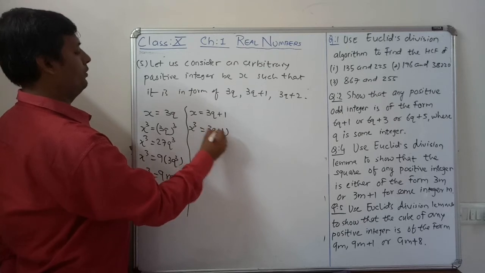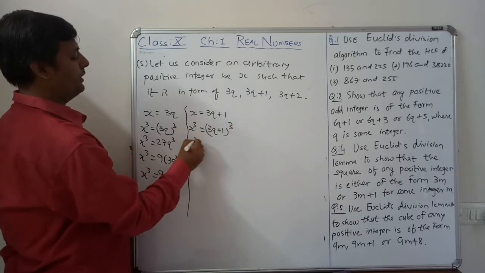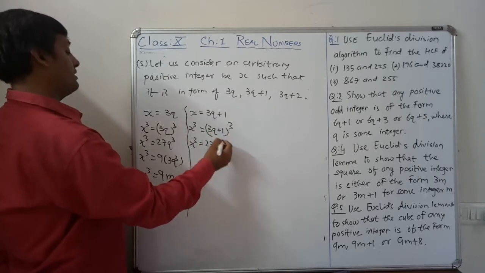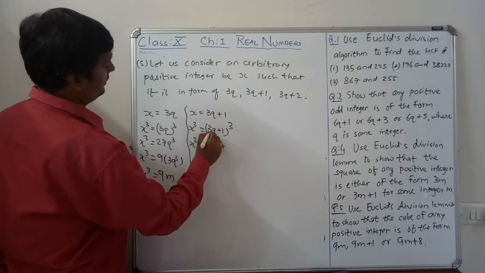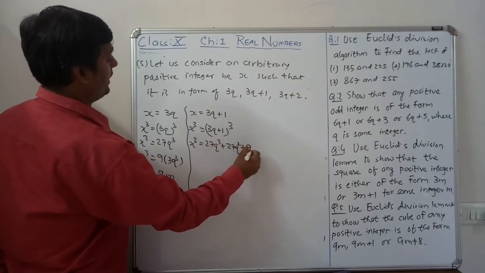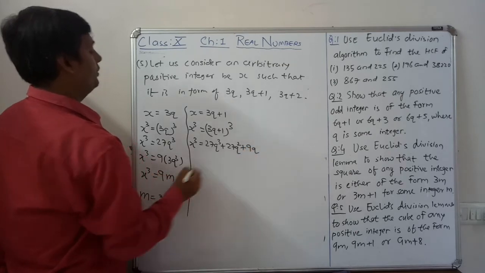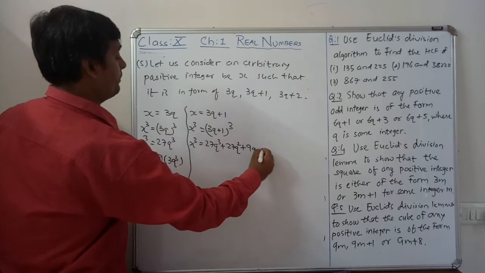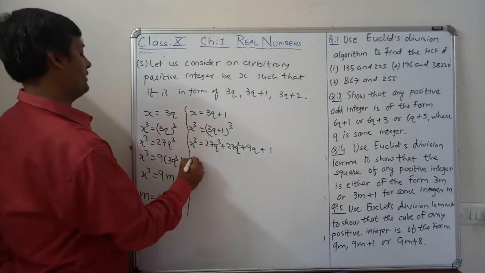So 3q plus 1 whole cube, a plus b whole cube, that means 27q cube plus 1 at the last. First, 3 threes are 9, 27q square plus 9q, okay, so 1 into 3 into 3 is 9, and plus 1, right? Simplification.